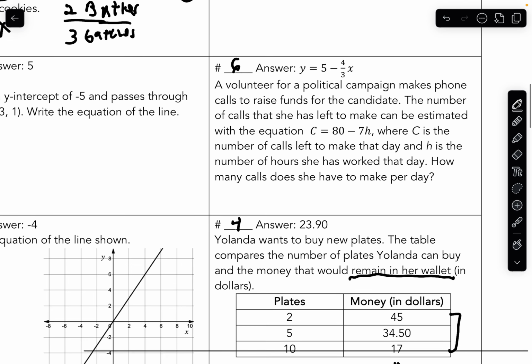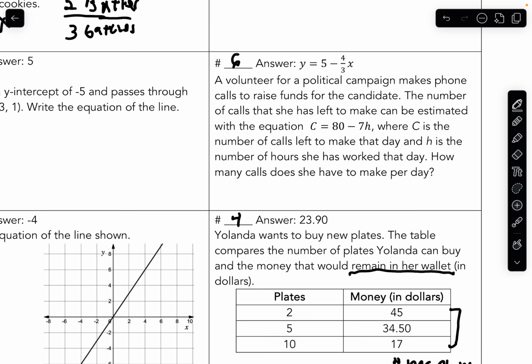This says a volunteer for a political campaign makes phone calls to raise funds for the candidates. You got to read this, guys, because when I did this in class with one of the periods, I did not read that right. The number of calls left to make can be estimated by this equation here, where C is the number of calls left to make that day, and H is the number of hours she has worked that day. How many calls does she have to make per day?